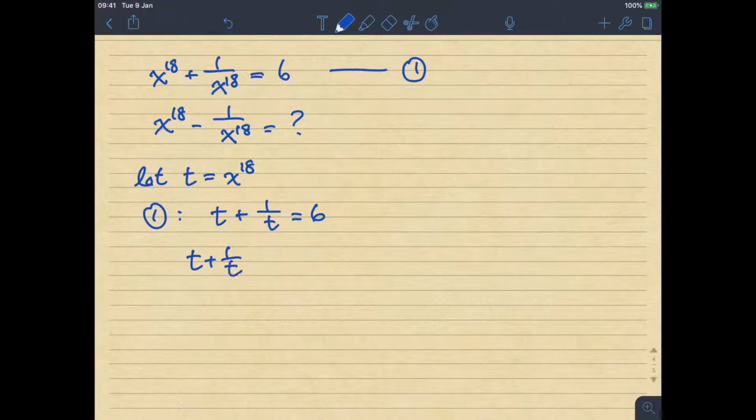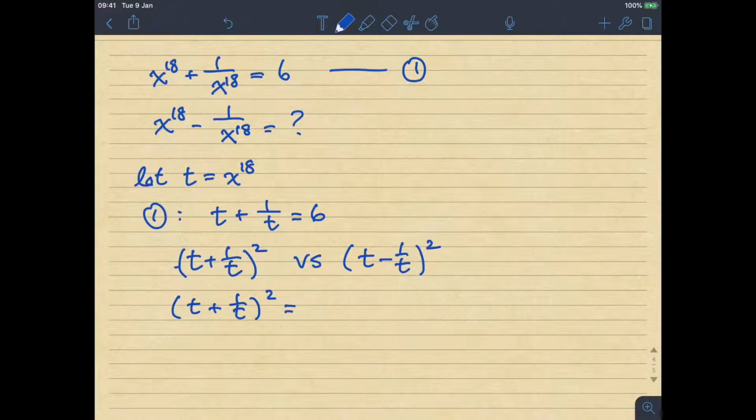So to understand the method, we need to understand the relationship between these two expressions. Okay, so it's t plus 1 over t all squared and t minus 1 over t all squared. So t plus 1 over t all squared is equal to t squared plus t times 1 over t plus t times 1 over t plus 1 over t squared.